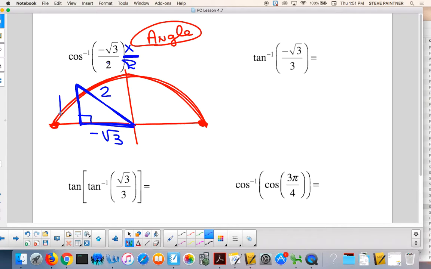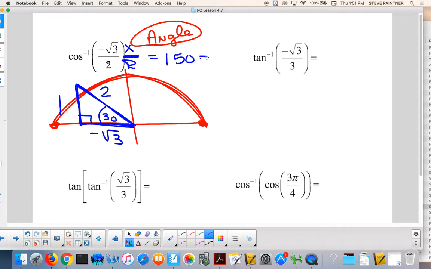Now, everything's about the reference angle. If this is 1, this is what? Okay. Now the answer is not 30 degrees. The answer will always be initial side to what? Terminal side. This is the answer. What is it? 150.